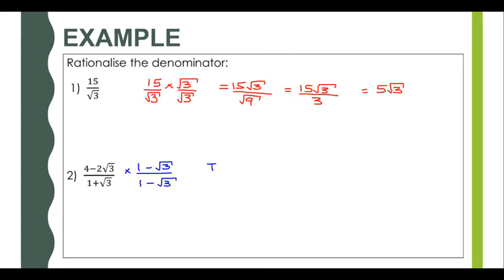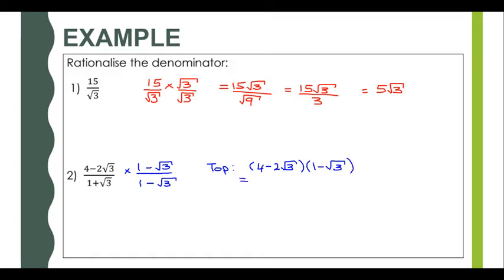So if we just look at the top, we've got 4 minus 2 root 3 multiplied by 1 minus root 3.